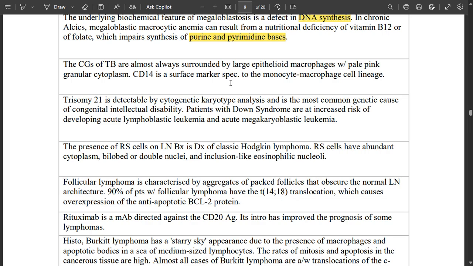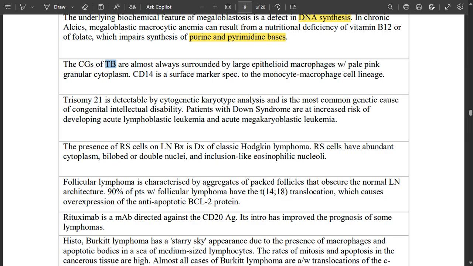CGs, I'm not sure what it means. I think the characteristic granules of TB are almost always caseous necrosis. TB is almost surrounded by large epithelial macrophages, so large epithelial macrophages surround pale pink granular cytoplasm.